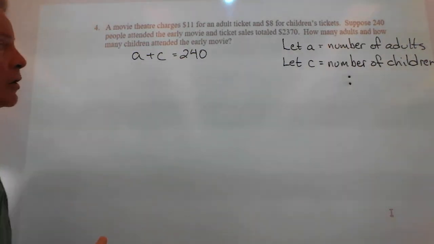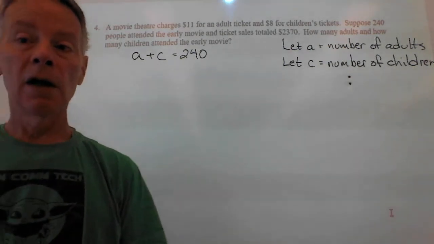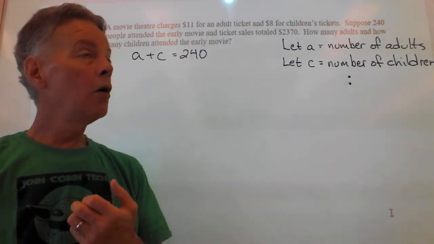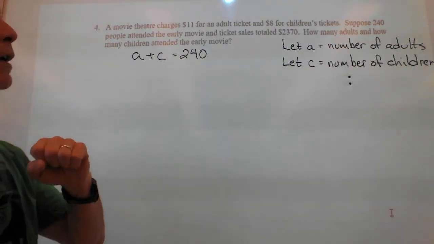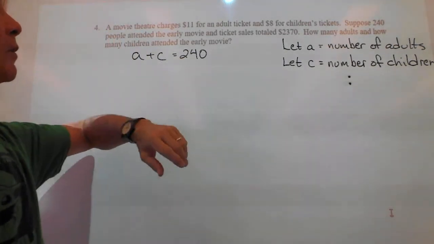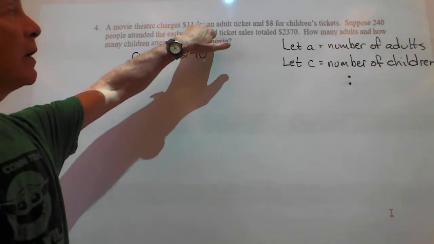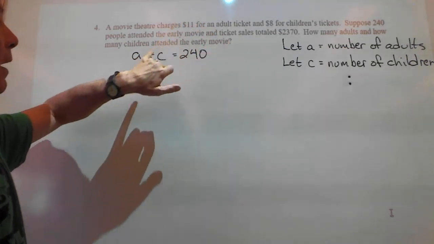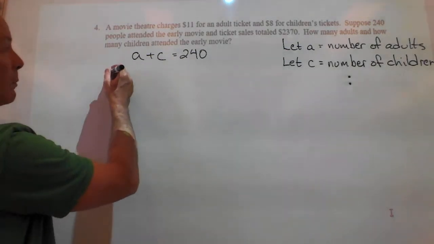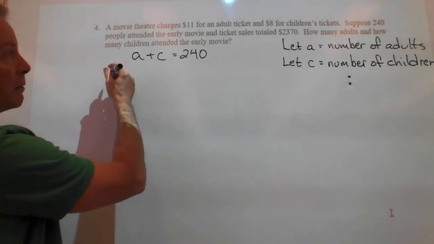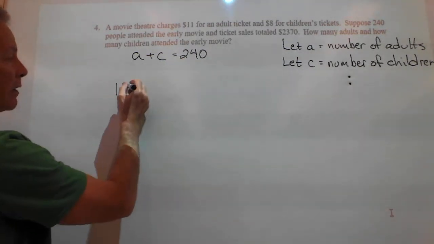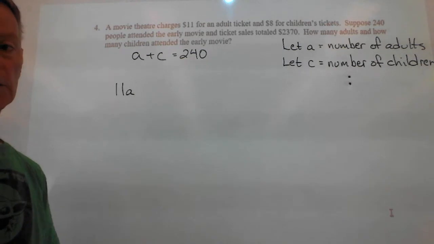Our second equation has to do with the ticket receipts, the total amount of money taken in. Well, we can write an expression that describes that, because we know that an adult ticket costs $11, and we know that there were this many adults in attendance, so the total amount of money brought in by those adult tickets would simply be $11 per ticket times the number of adults.